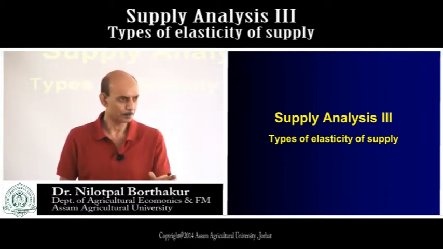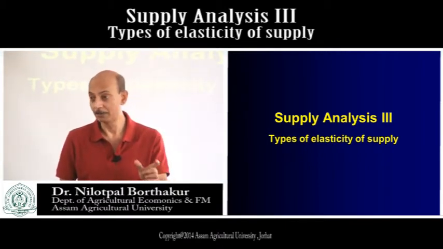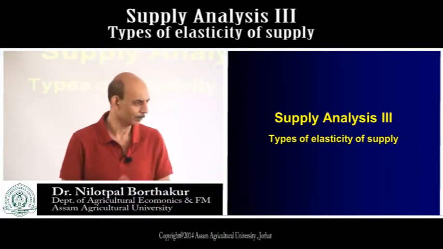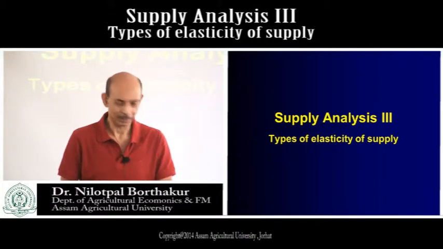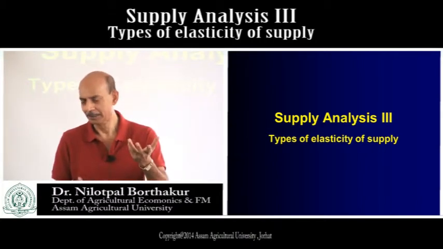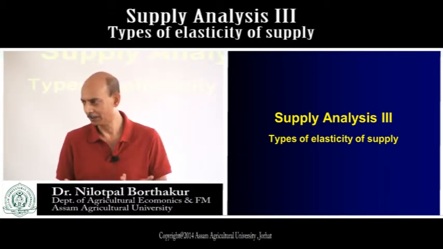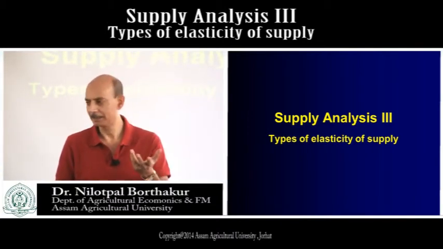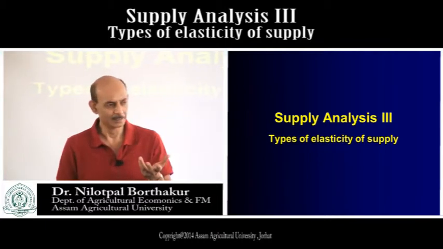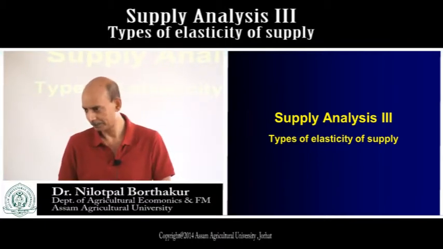And this value may range between two different values, I told you last time: 0 and infinity. If the numerator is 0, elasticity of supply will be 0, and the numerator will be 0 if there is no change in quantity supplied as a result of an increase or decrease in the price.